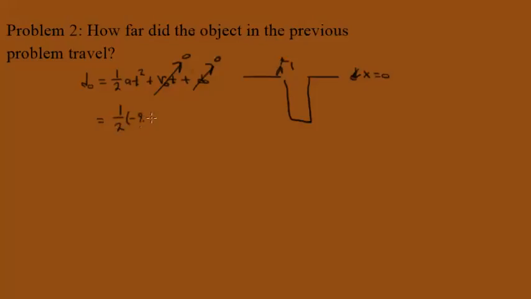Our final position is going to be this, 0.5 times minus 9.81 times 5 seconds squared. This will give us a distance traveled of 122.6 meters.